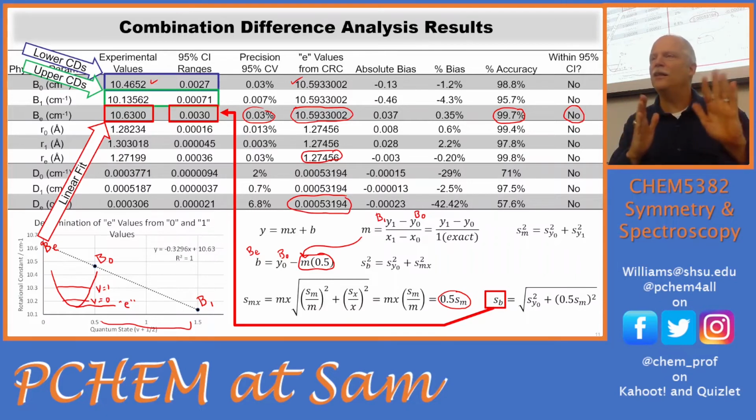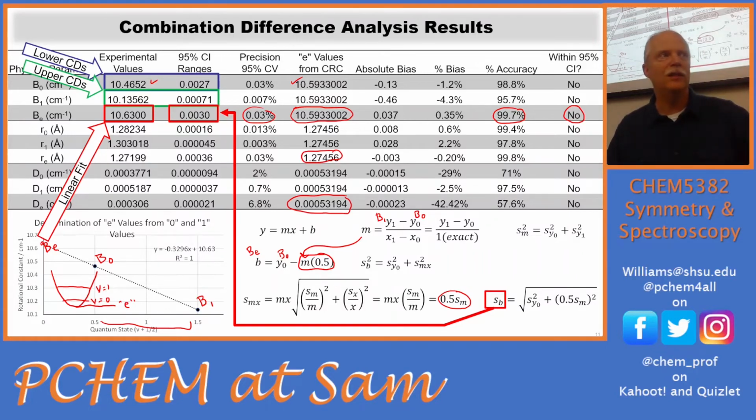We're less than 1% off, but we're so precise that we know it's like some sort of calibration issue. It's not because we have sloppy data. The whole system's biased a slight amount. So I haven't determined what that is, so I need to go and figure out a way to tighten the calibration of the spectrometer in some way.